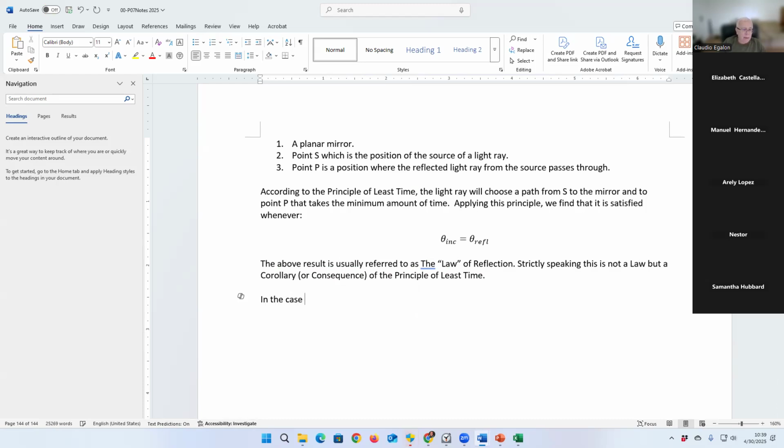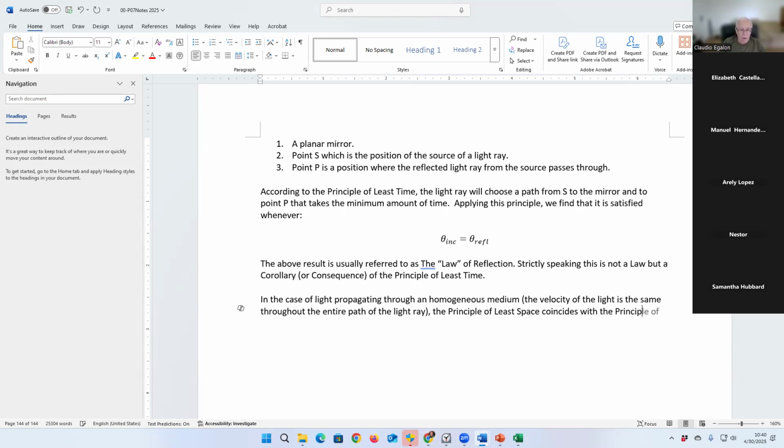In the case of light propagating through a homogeneous medium, and by homogeneous medium I mean the velocity of the light is the same throughout the entire path of the light ray, that's what it means, the principle of least space coincides with the principle of least time.